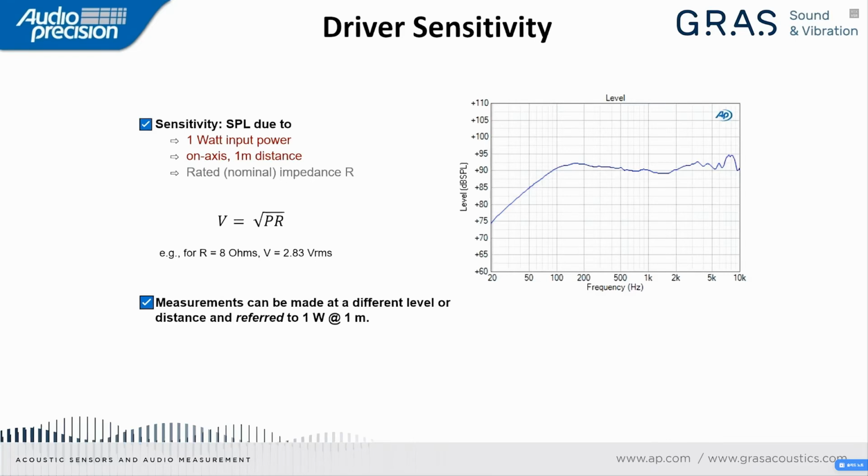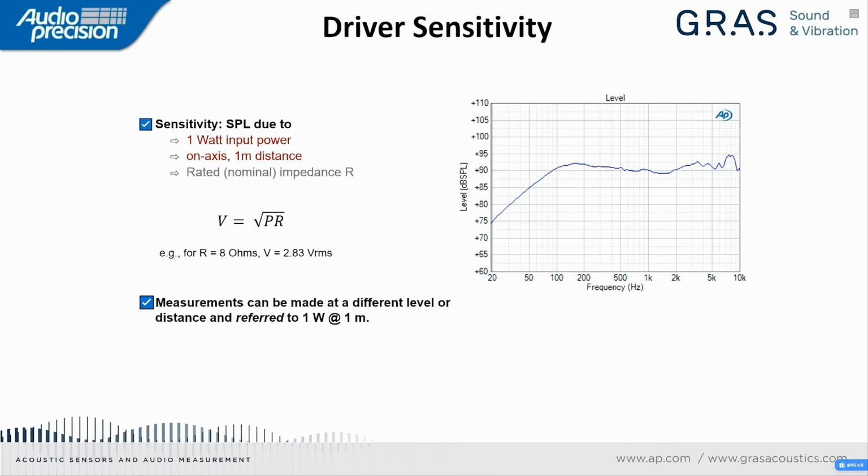So we have a calculation where V is the square root of power times resistance or impedance. For example, 1 watt, 8 ohms gives a voltage of 2.83 volts RMS. And quite often you'll see loudspeaker sensitivity specified at 2.83 volts rather than at 1 watt, 1 meter.